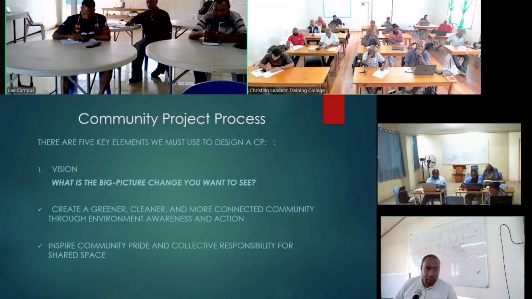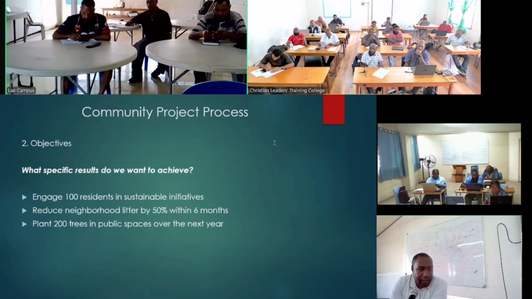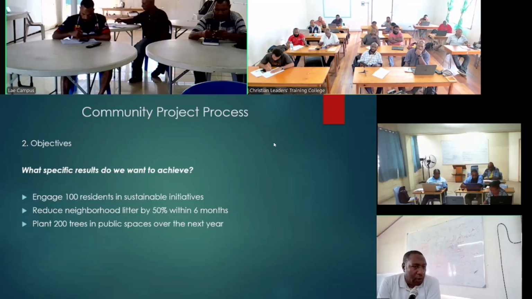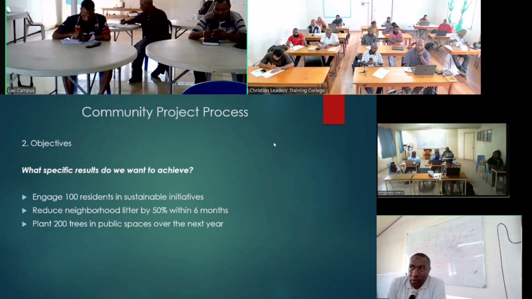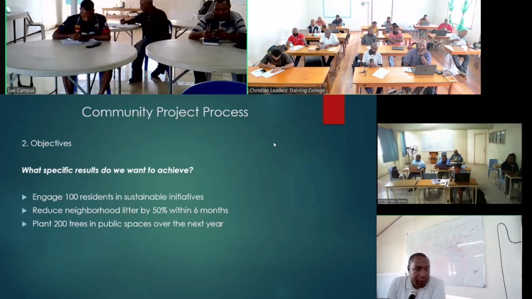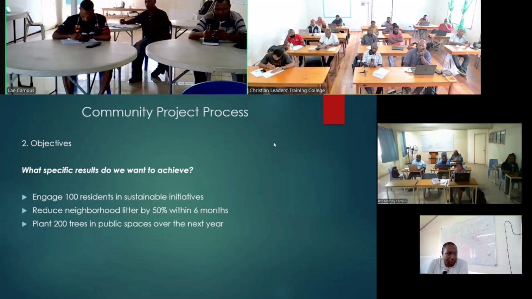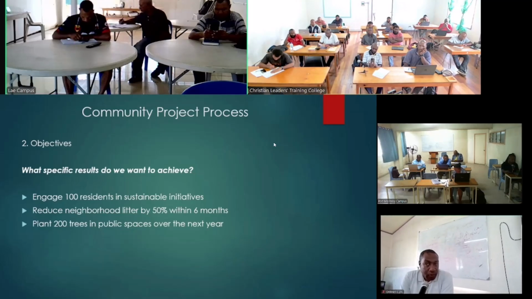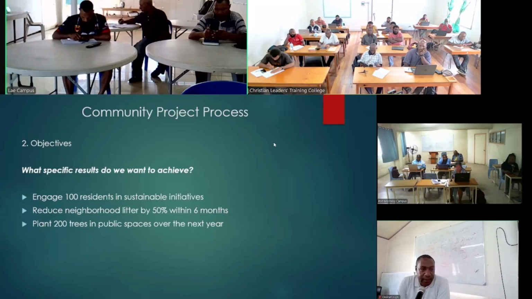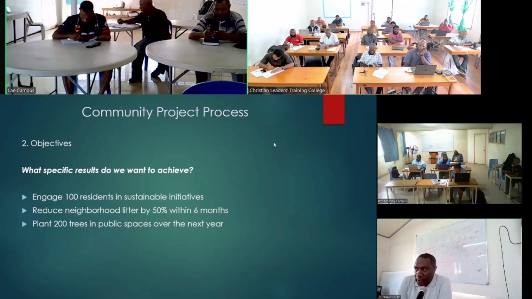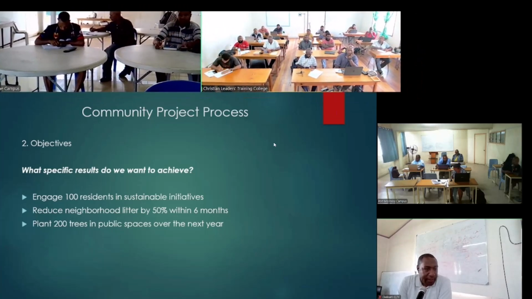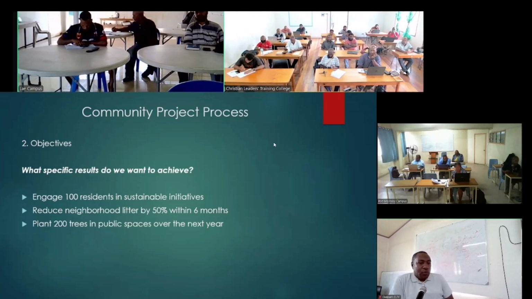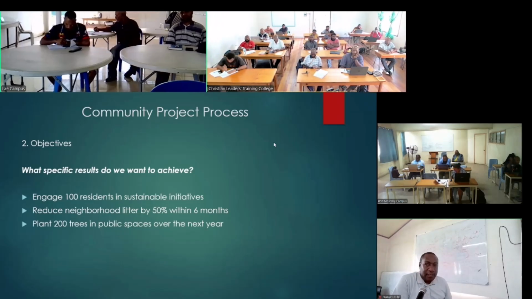And then we move to our next step, which is now our objective. It talks about what specific result you want to achieve. Based on that project about beautification and tree planting, we came up with three specific results that we want to achieve. We want to engage 100 residents in sustainable initiatives.